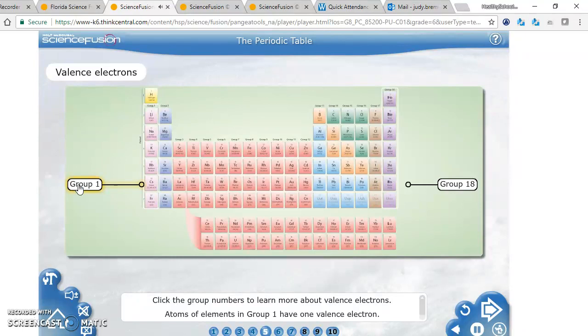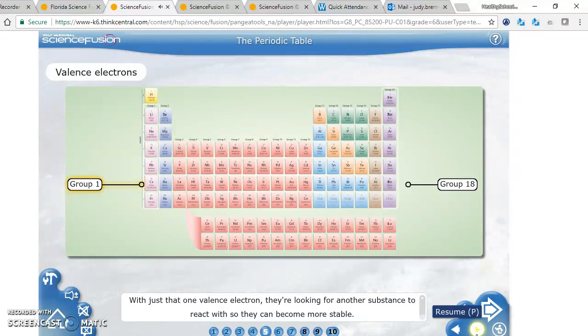Atoms of elements in group 1 have one valence electron. Do you think these elements might be reactive? You bet! They're extremely reactive. With just one valence electron, they're looking for another substance to react with so that they could become more stable. In fact, it's unlikely that you'd find these elements free or unbonded in nature.